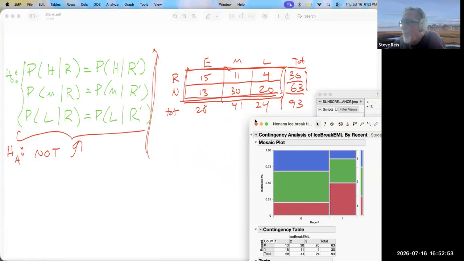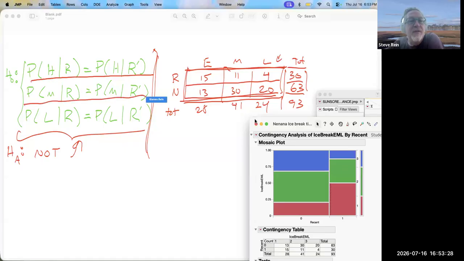So anytime we have a hypothesis test, we have to come up with a way of measuring how closely the data match up to the null hypothesis. And in our case, the null hypothesis says how often you see the high waiting time until ice breakup, a lot of days, it's the same early as late. The rate of being in this last column is the same whether you're in the first row or the second row.